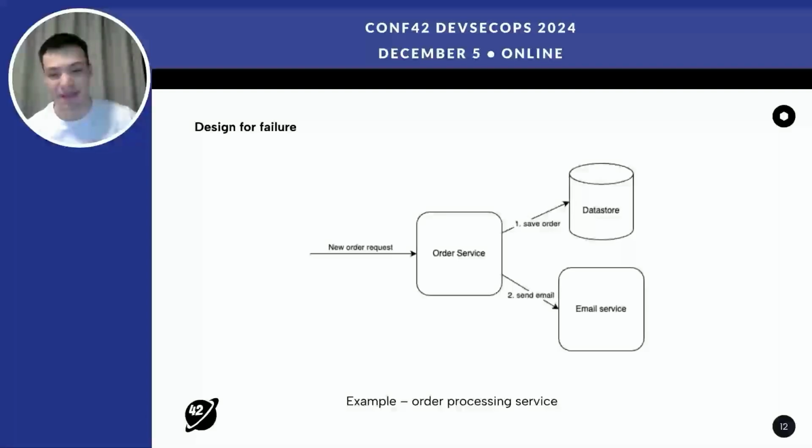Let's see a small example of it. For example, you have an order service which stores its orders in the database and sends an email when it receives a creation request. So everything is pretty simple, right?